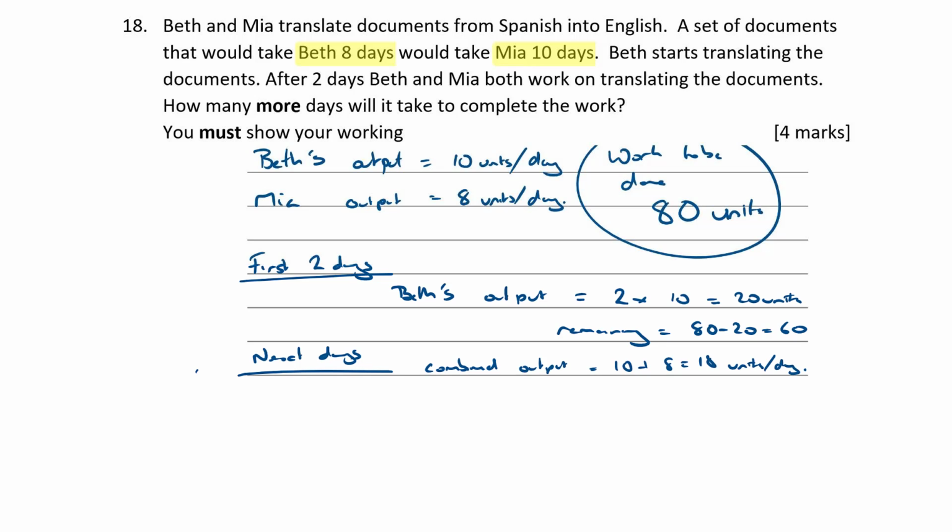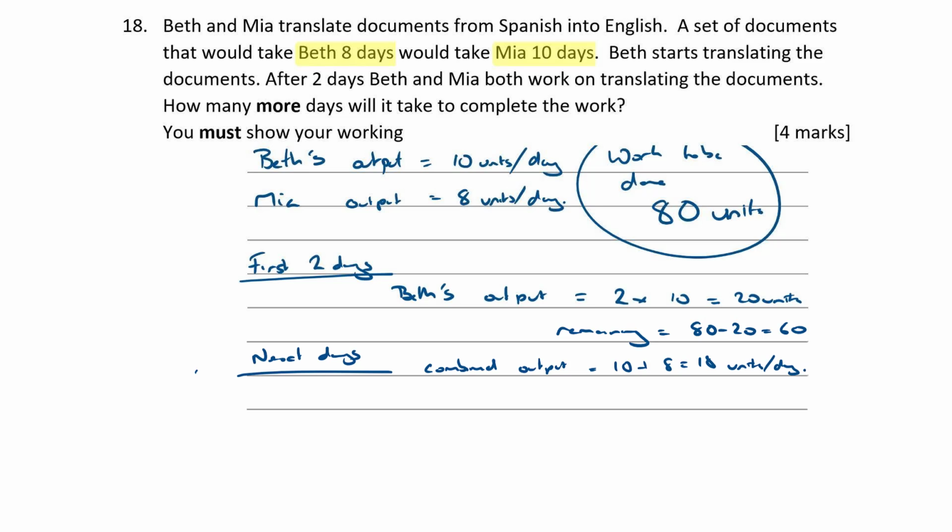Okay, and now we've got 60 units to do, and we are doing it 18 units per day. So how many days is that going to take us? 18, 36, 54. It's going to take another 3 1/3 days, isn't it?